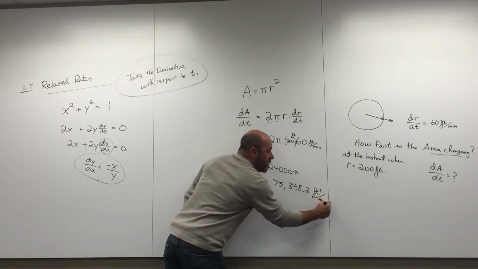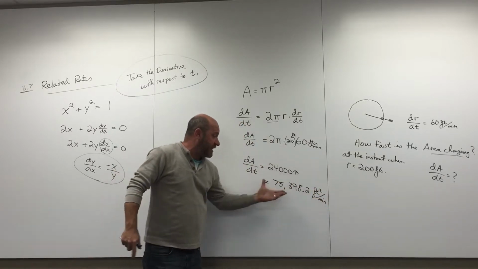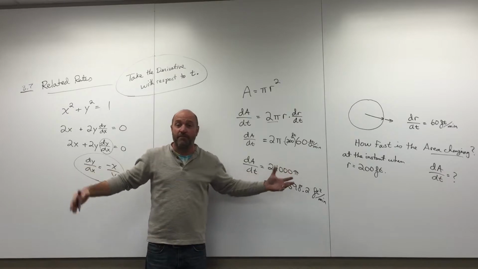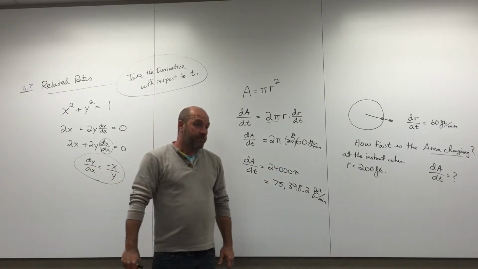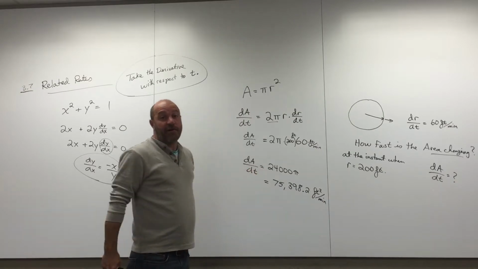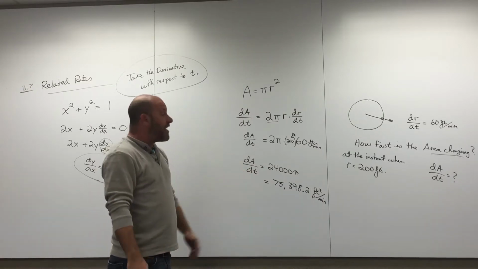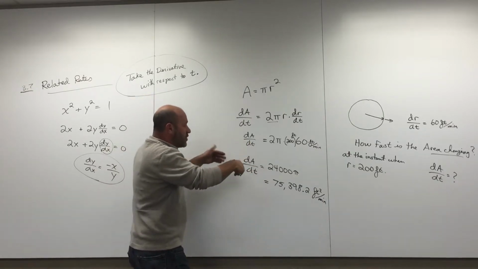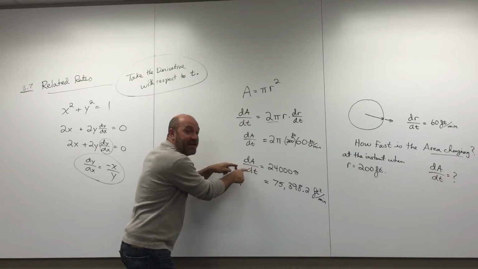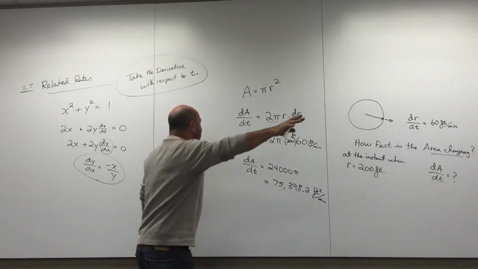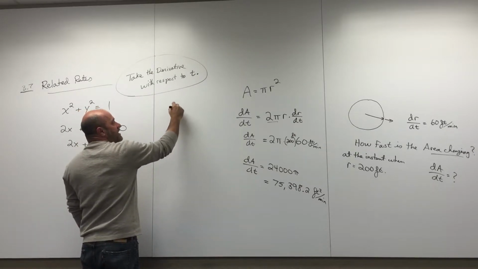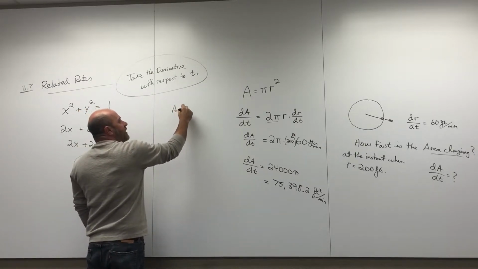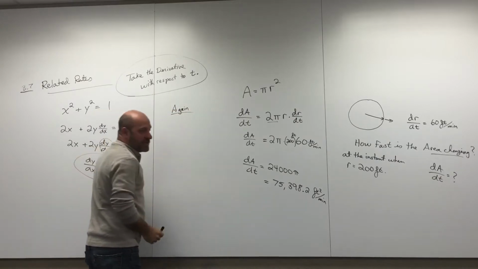Wow. So at this moment, my area is expanding at 75,000 square feet per minute. By the way, a little bit later, when the radius is bigger, I think the rate of change of the area keeps changing. Let's do this again a little later. We have not stopped this oil spill.